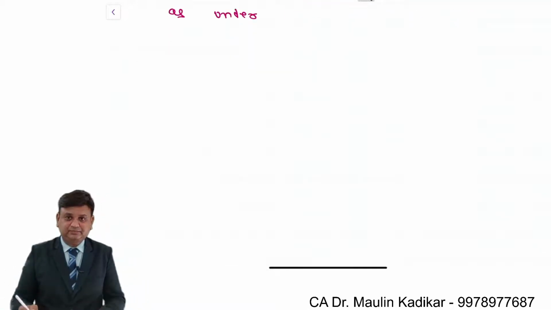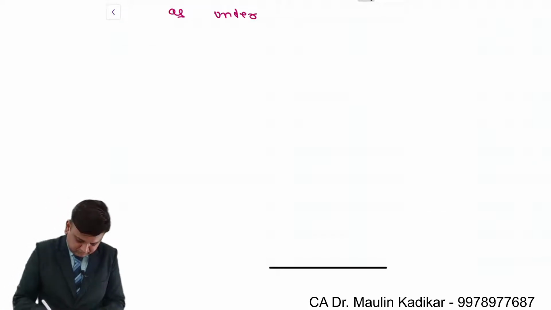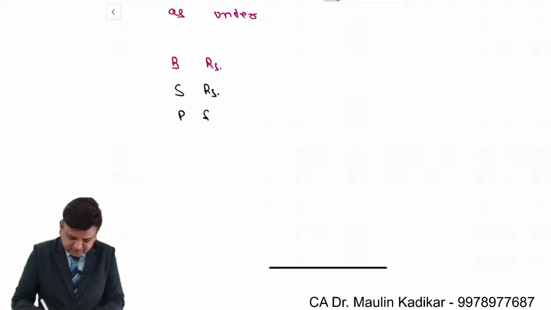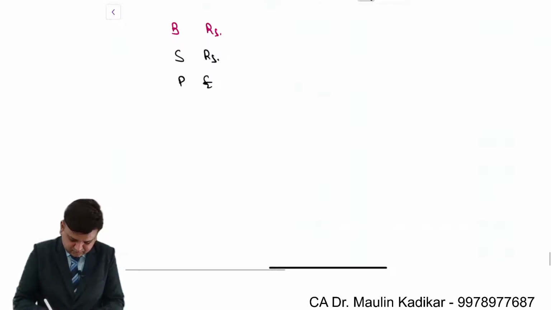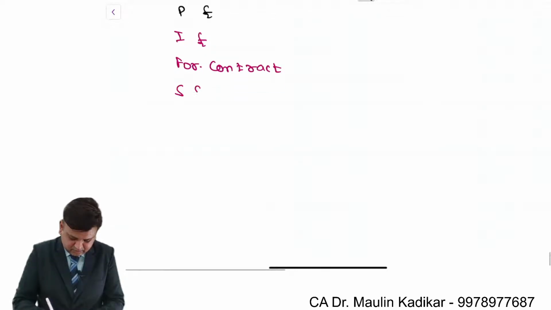In that write down borrow rupees, sell rupees, purchase pound, invest in pound, forward contract, sell pound, purchase rupees.